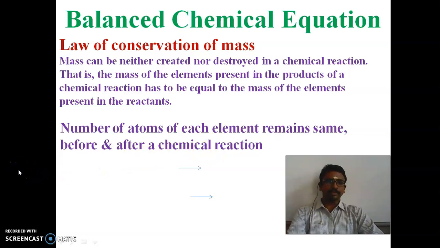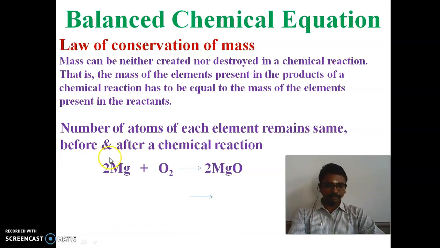So the number of atoms in the reactants and in the products will be the same before and after a chemical reaction. That is known as a balanced chemical equation. Let me discuss with one example.